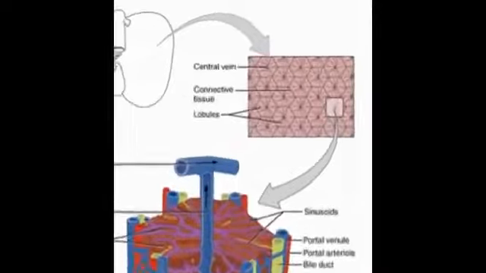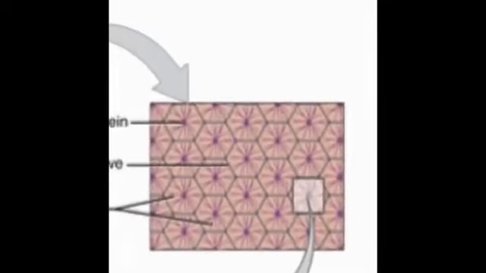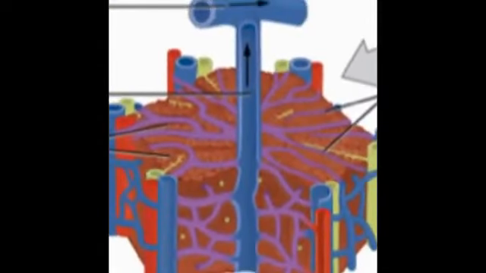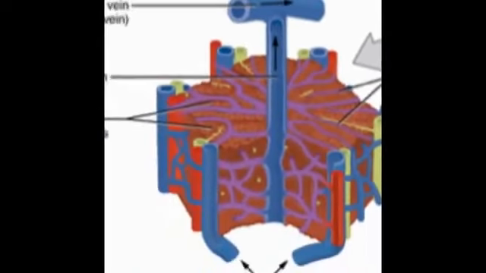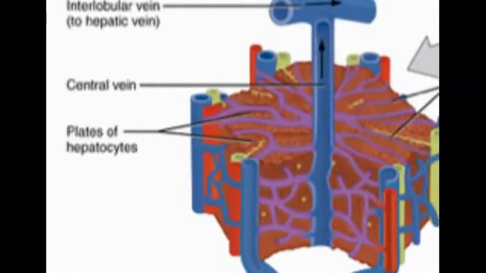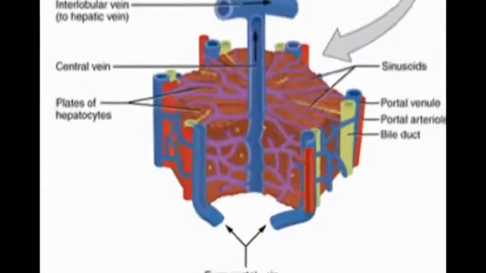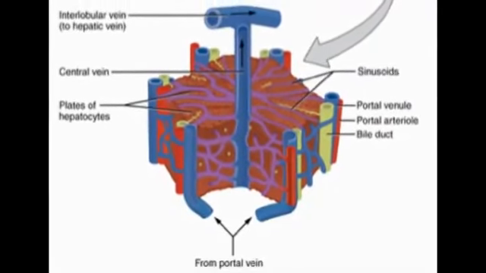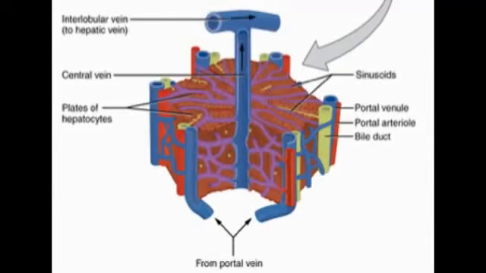In the middle of that structure, the lobule, we have the hepatic vein, and around it is surrounded by the branches of the portal vein. As I told you, this is the flow of non-oxygenated blood, but full of nutrients.